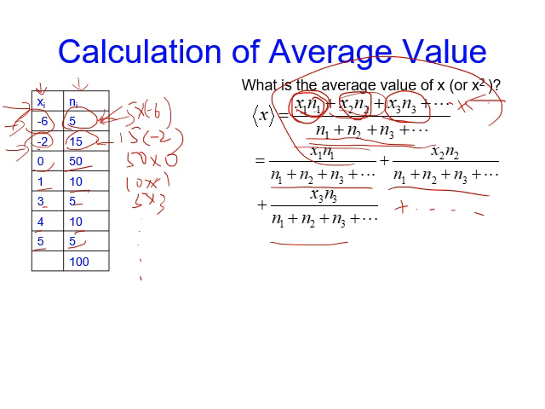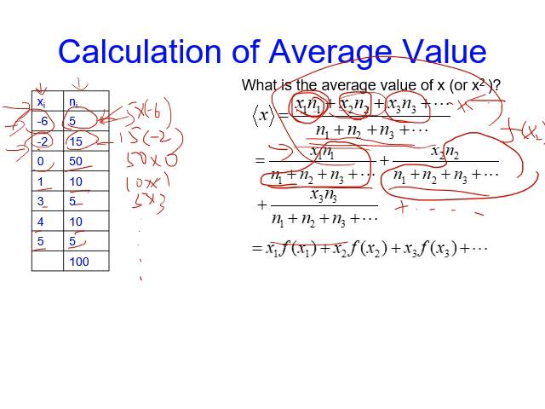Now if we look at this equation, n1 divided by n1 plus n2 plus n3 is actually the fraction of students that have grade x1. And n2 divided by n1 plus n2 plus n3 is the fraction of students that have grade x2.